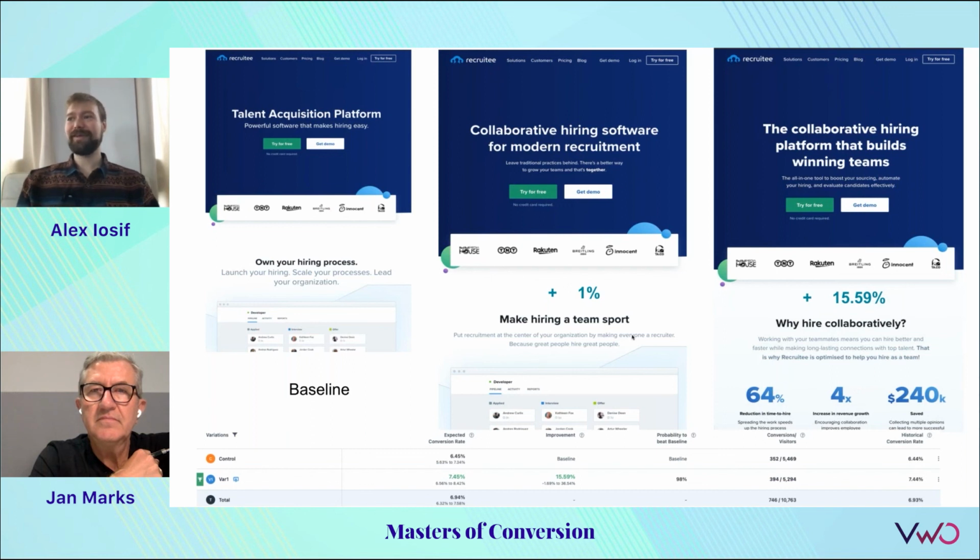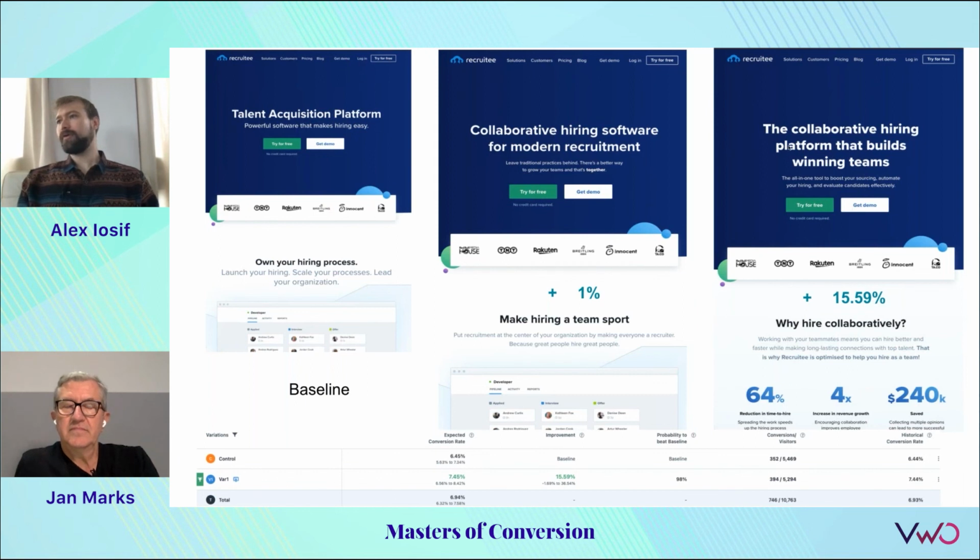So then we changed the information structure, the information experience. We made sure that people understand that collaborative hiring is our new angle, but also that we're an all-in-one tool to boost your sourcing, automate your hiring, and evaluate candidates. So people understand that even though you're a collaborative hiring platform, you still do everything an ATS does.